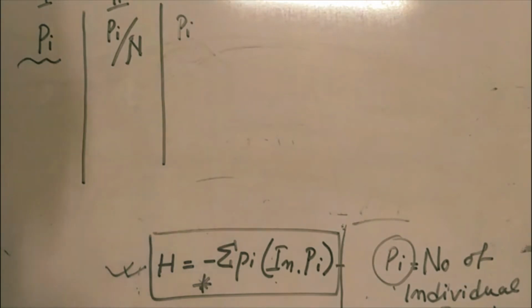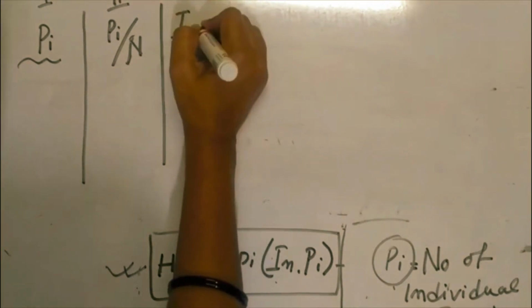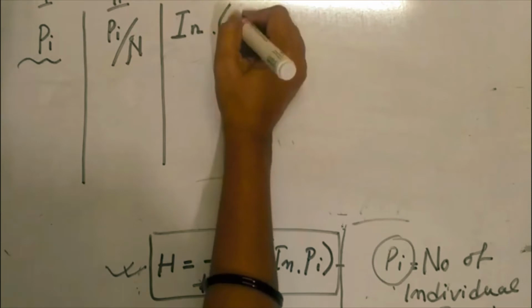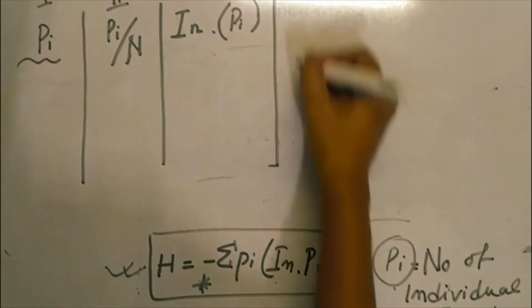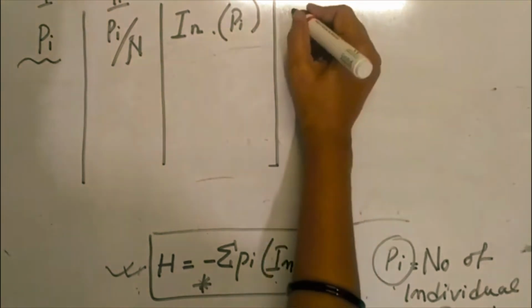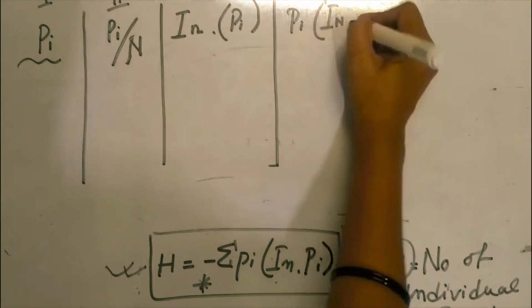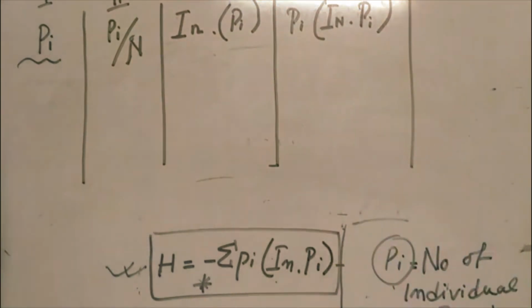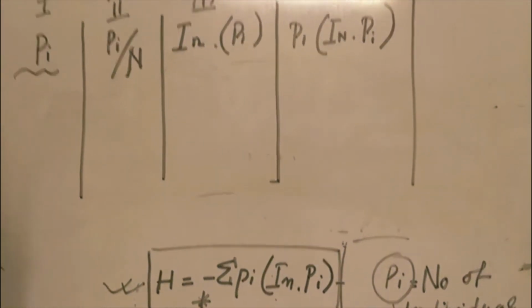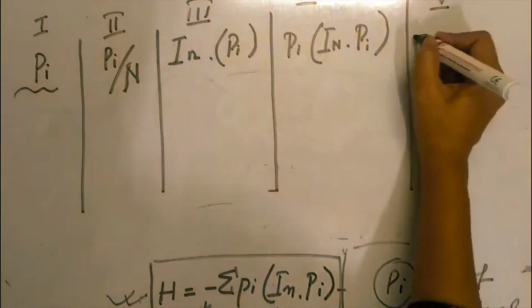Then the third column is natural log into Pi. Then the fourth column is Pi into natural log into Pi. And the fifth column is negative.